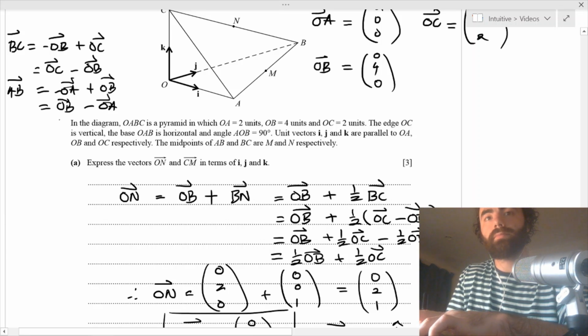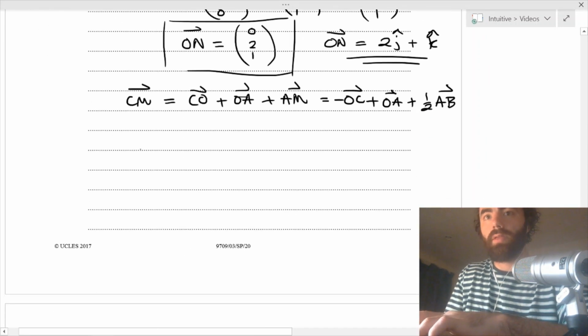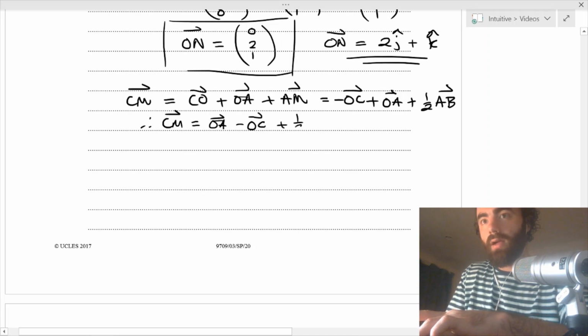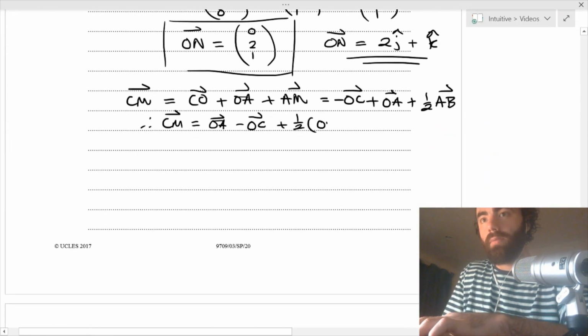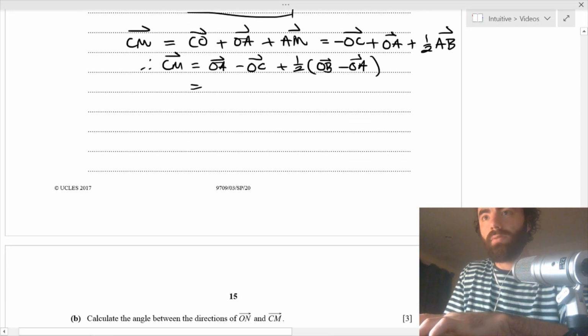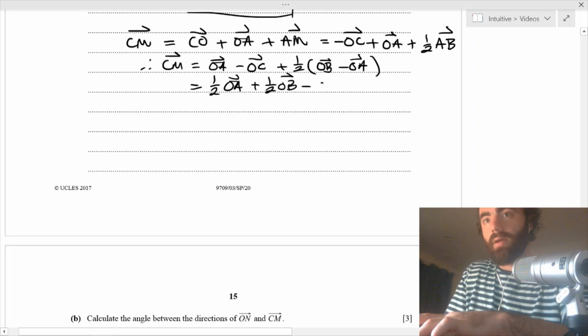So CM equals OA minus OC plus half of AB, and AB is OB minus OA. So we've got OA minus a half of OA, so that's just a half of OA, plus a half of OB, and then minus OC.